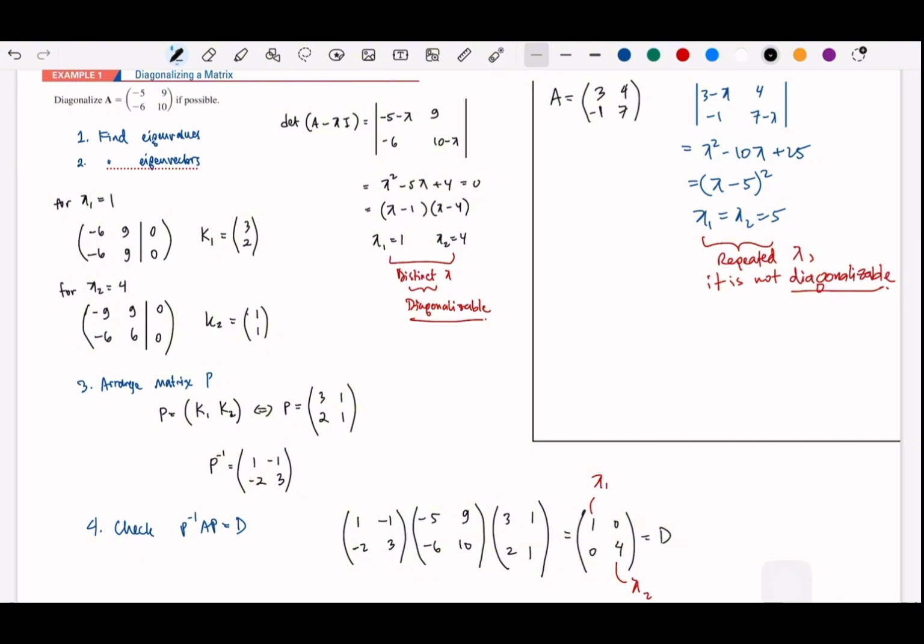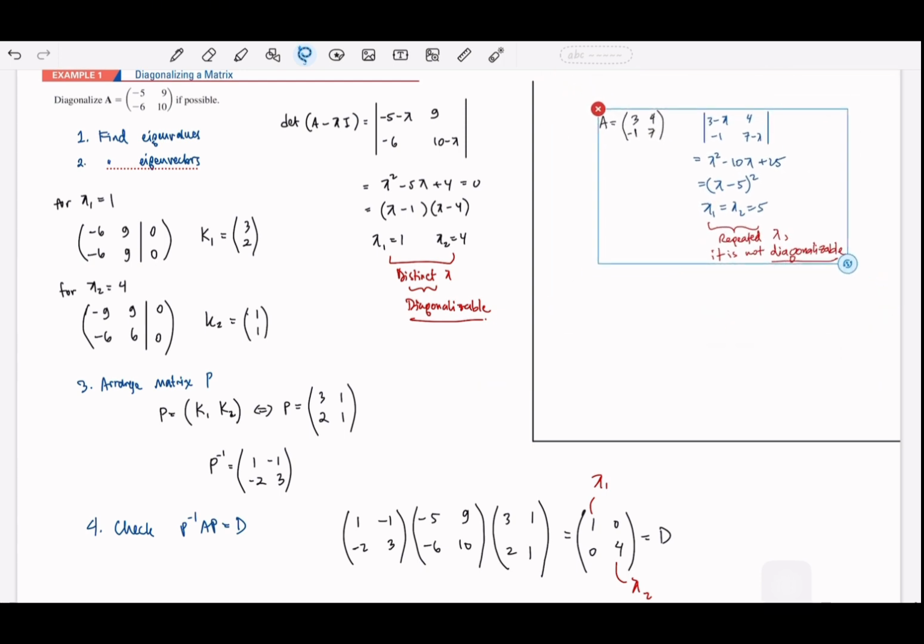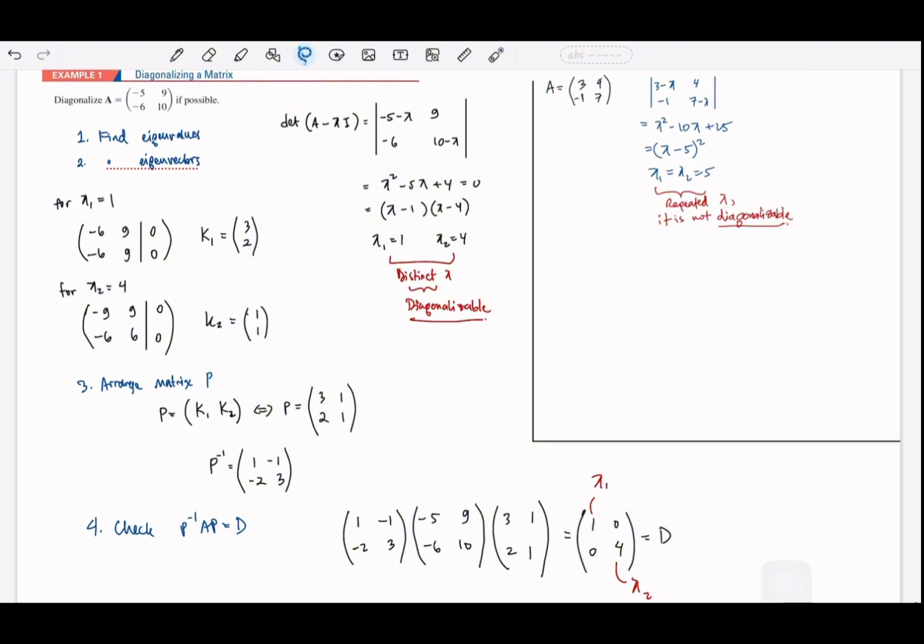Okay. Let's say another example. Let me just squeeze this into a small section just to show you that we can have a non-diagonalizable matrix. So let's say maybe take a different matrix B. Let's say we have 0, 1, 0, 1, 0, 0, and 0, 0, 1.